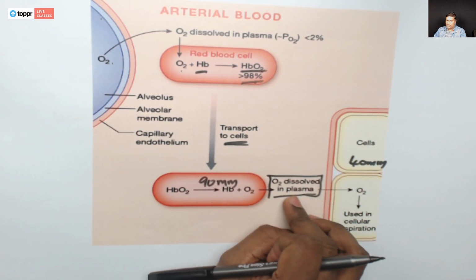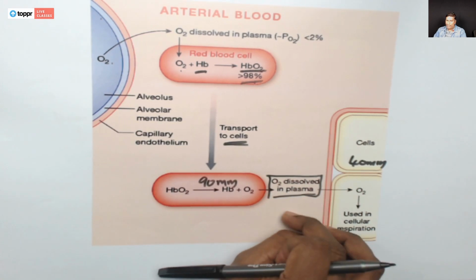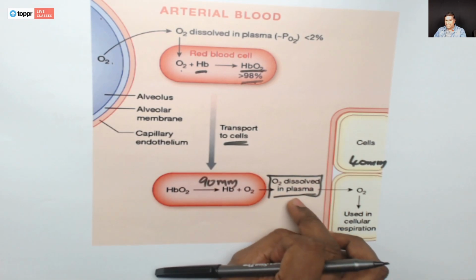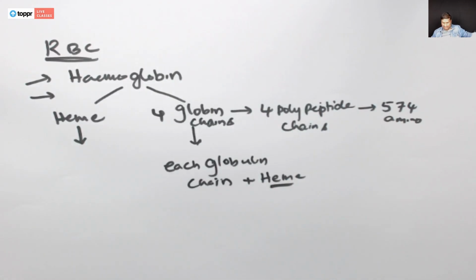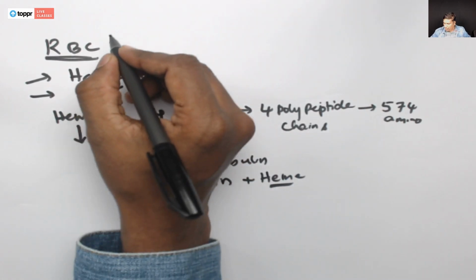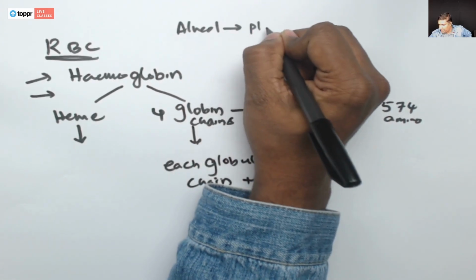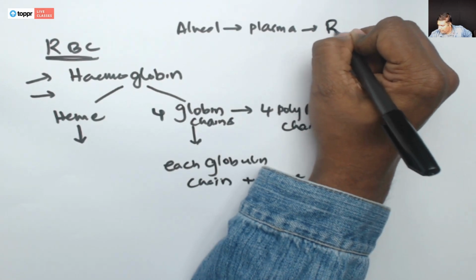When you have such a situation, gases like oxygen, carbon dioxide and nitrogen can simply diffuse from one side of the membrane to the other. So the oxygen from the plasma will simply diffuse into the cells. Now we have oxygen in the cells. So we started with alveoli, and from the alveoli the oxygen entered the plasma, and from the plasma it entered the RBC.